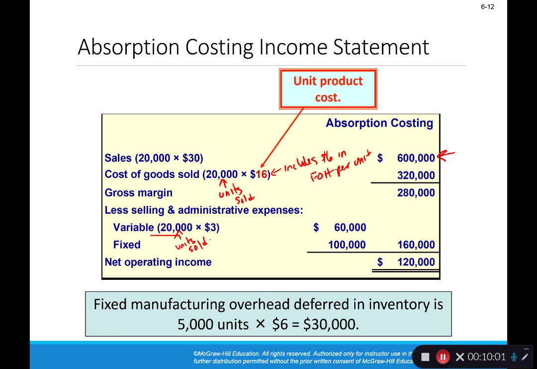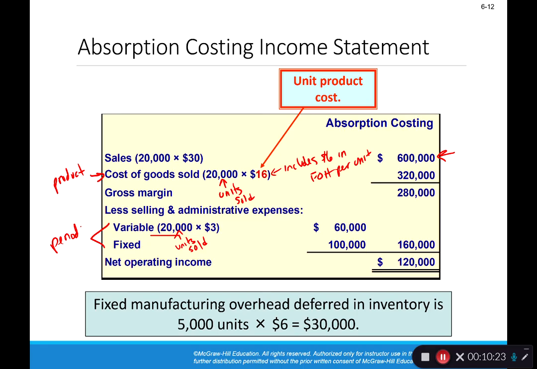So when we're doing absorption costing, we're using a traditional income statement which breaks out cost by category, product at the top versus period at the bottom. And now notice that the fixed overhead cost is included in the product cost. It's part of cost of goods sold. It's not in our period cost.